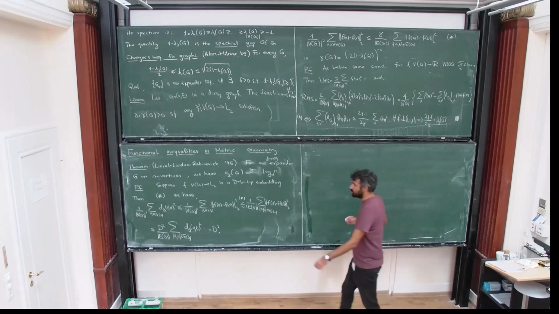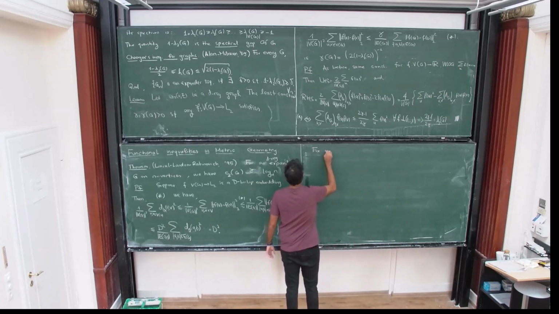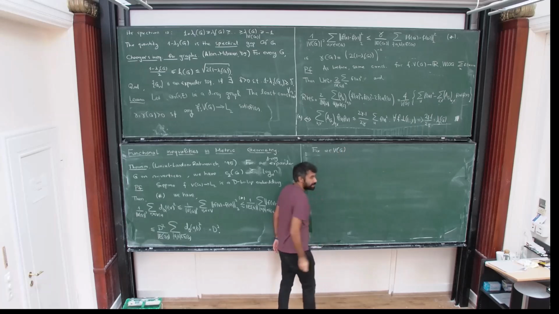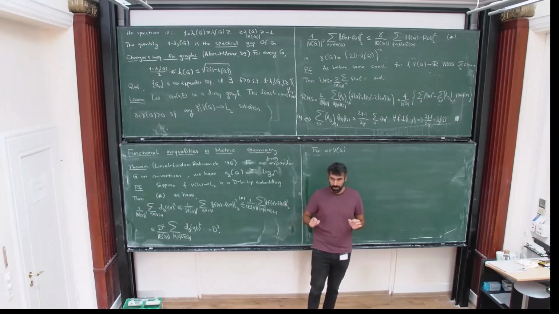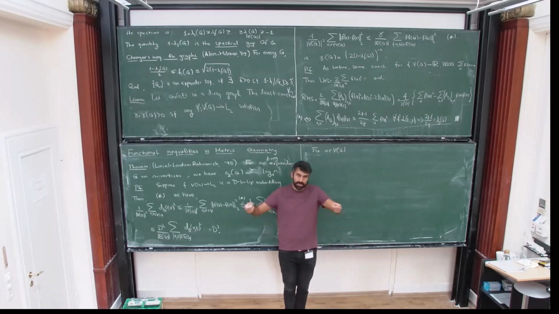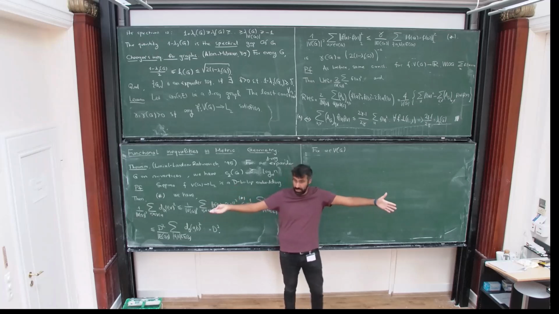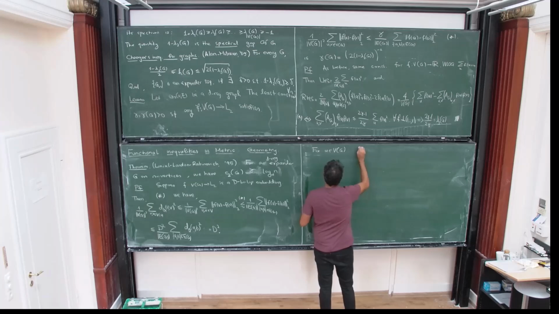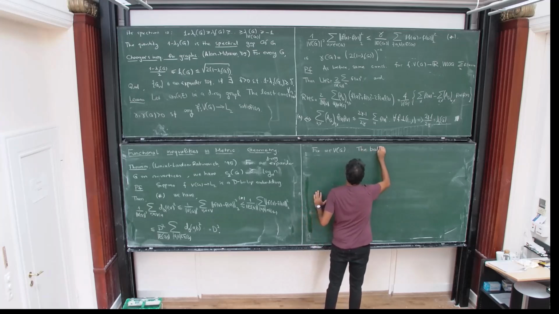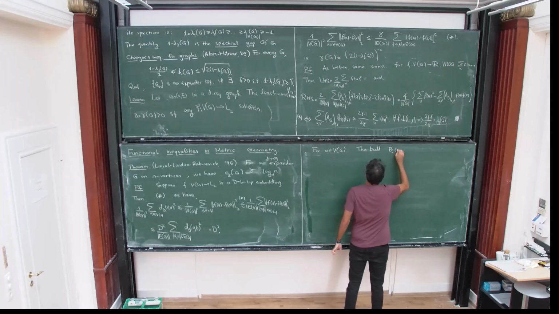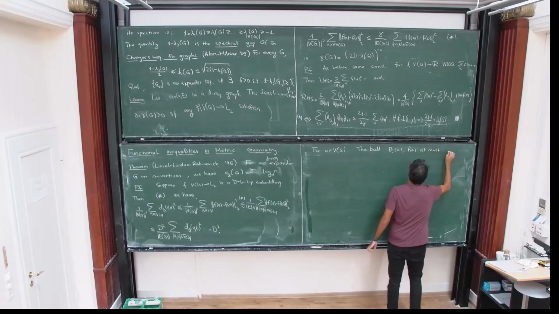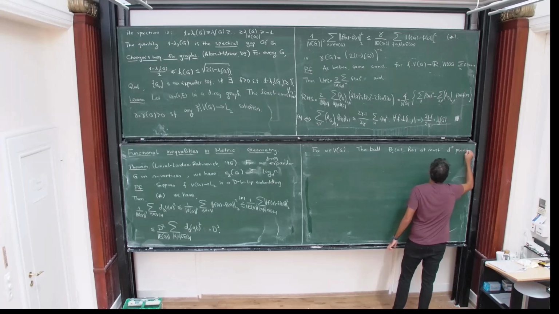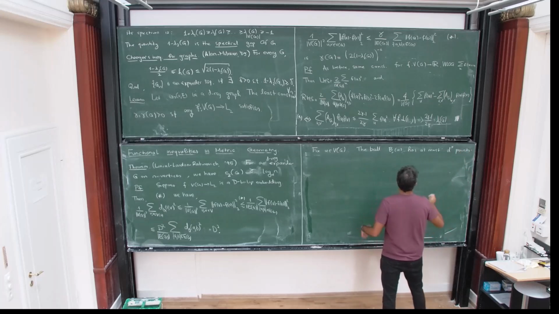So let's do that. Fix the vertex u. Now, if you look at the ball of radius r around the vertex u, since the graph is d-regular, this cannot have many points. So at radius 1, you're going to have at most d. At radius 2, with a very bad estimate, you're going to have at most d squared, and so on. So the ball B_r at u has at most d to the r points.